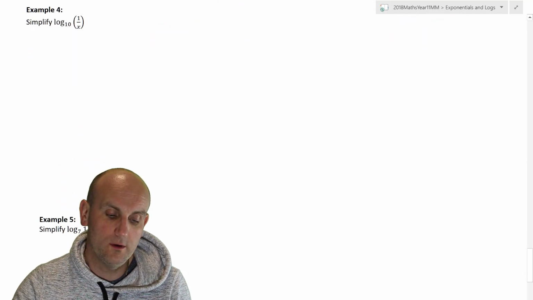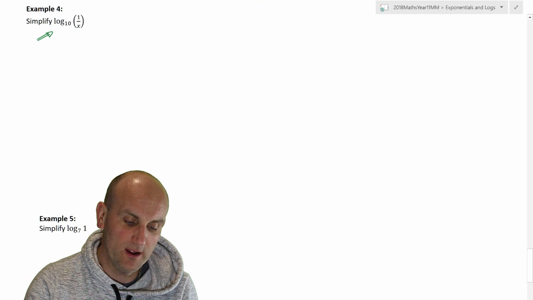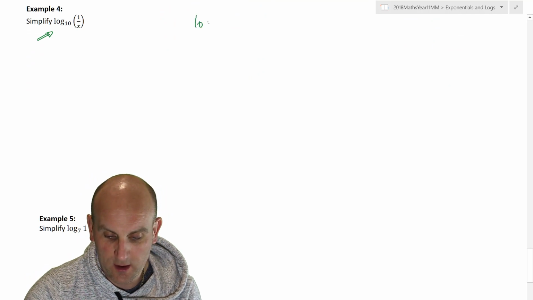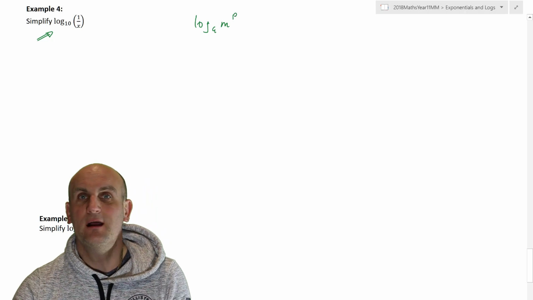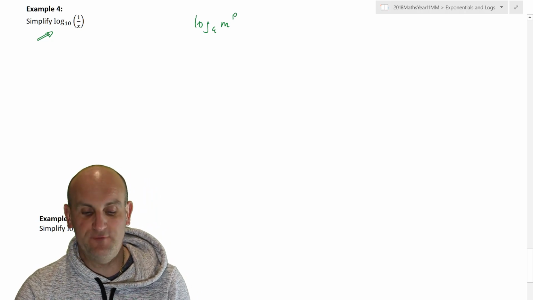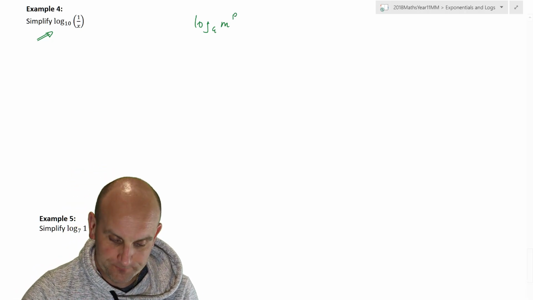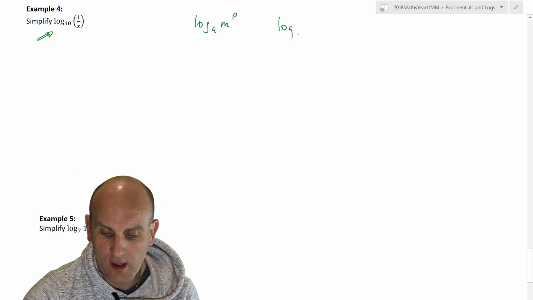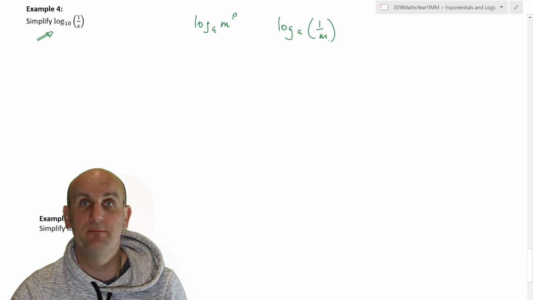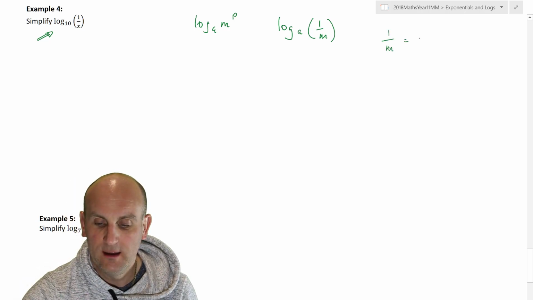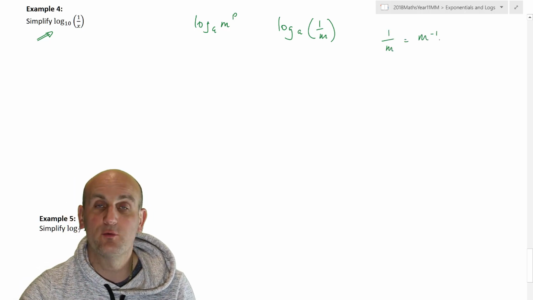So the great thing is the rule I just talked about a moment ago, which was log base a to the m to the power of p, looks like it has 2 rules, but in fact there is only one. So for example, if I have log base a of 1 over m, we know that 1 over m can be written as m to the minus 1.